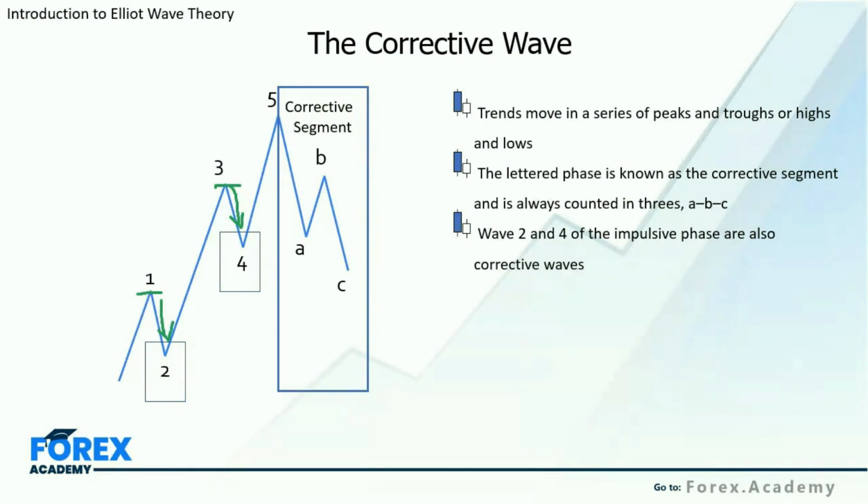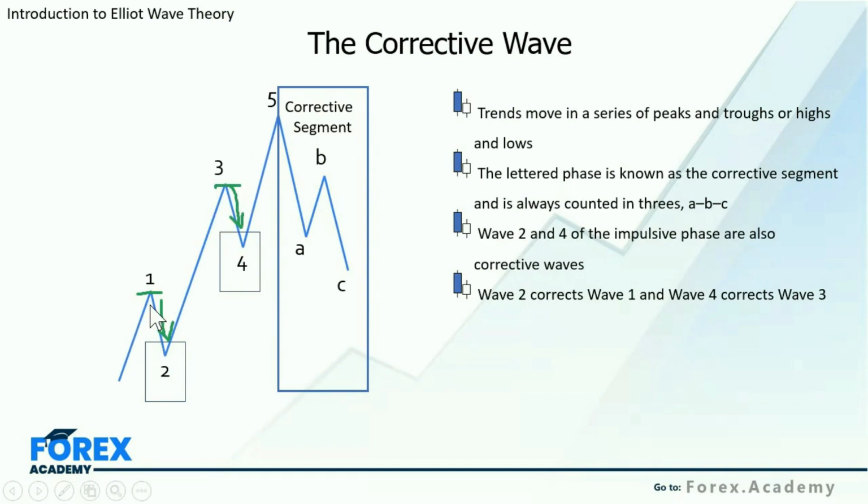So in addition to that, waves 2 and 4, as a result of the impulsive phase, are also corrective waves. Wave 2 corrects wave 1, so we're getting this push higher. So this low here, it corrects the price action, because we don't see price action moving in a linear fashion.